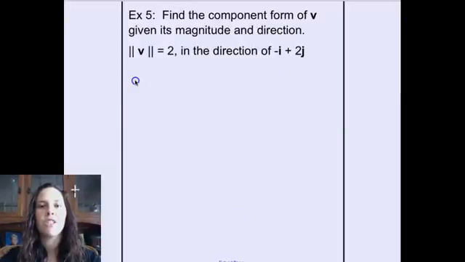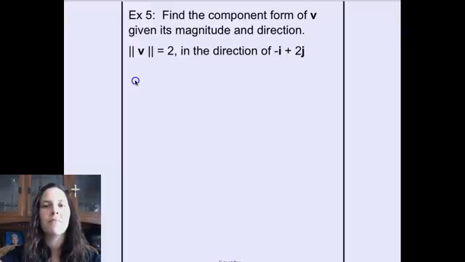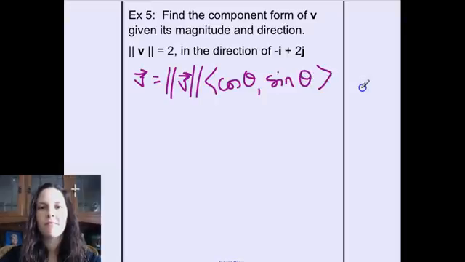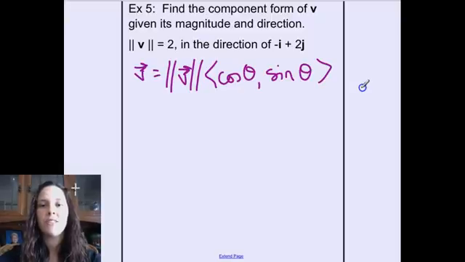Similar to an example we just saw, we're given the magnitude and direction of a vector and we need to find the component form. Because it's not on the unit circle, we'll simply punch this in our calculator. To find our vector v, we take the magnitude of v times ⟨cosine of theta, sine of theta⟩. Since we don't know what theta is, we will have to use tangent in order to find theta.